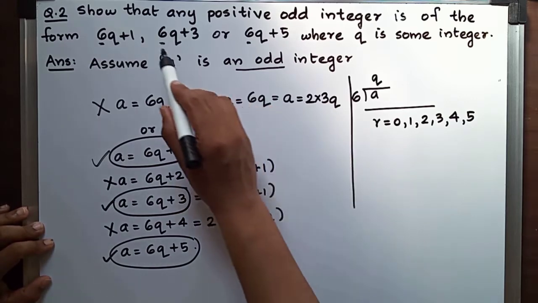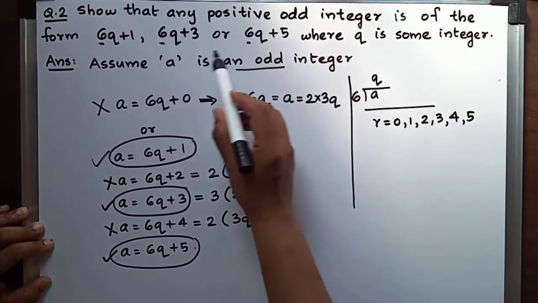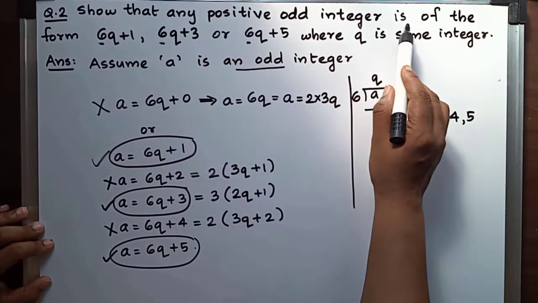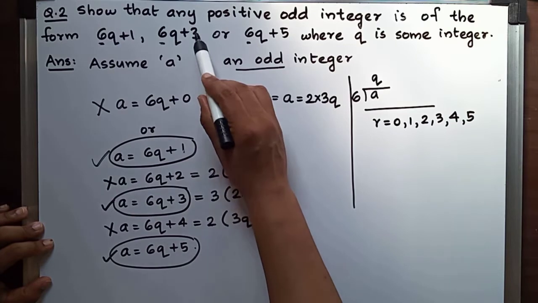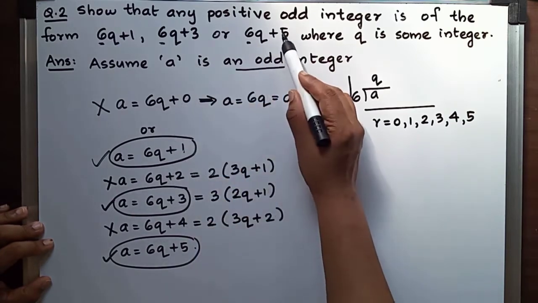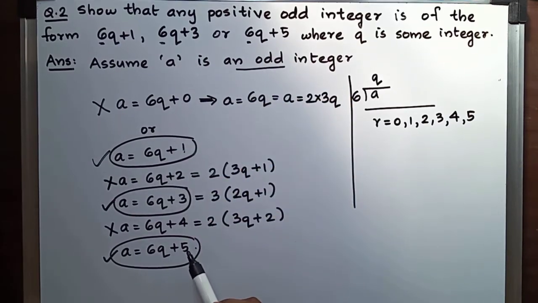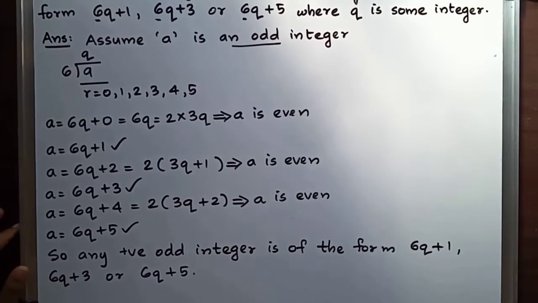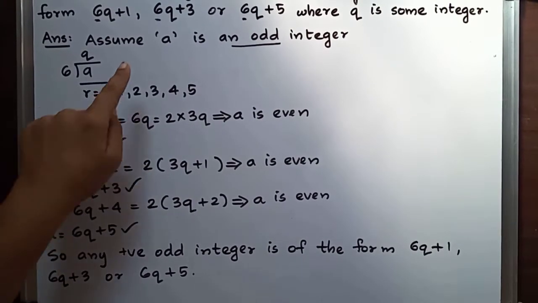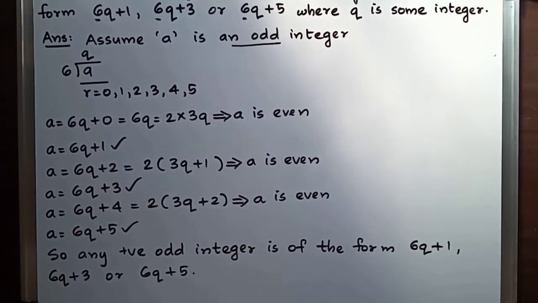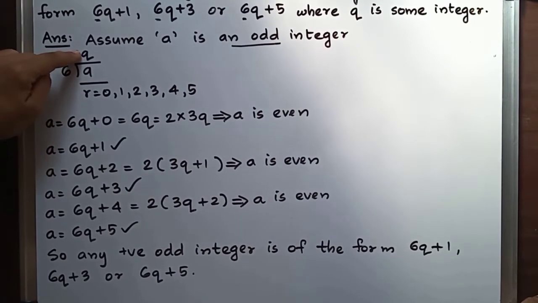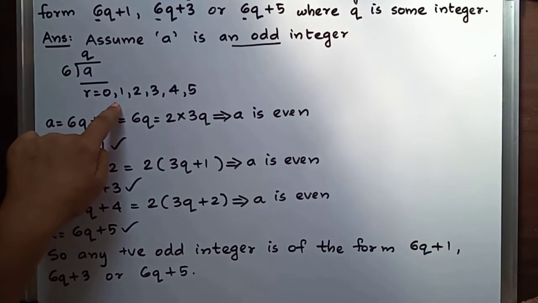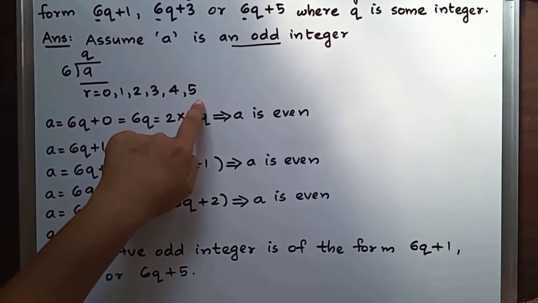See, so we have proved that any positive odd integer can be represented as 6q plus 1, 6q plus 3 or 6q plus 5. We can write it like this. Assume A is an odd integer, then we will divide A by 6. We will get a quotient here and remainders as 0, 1, 2, 3, 4, 5.